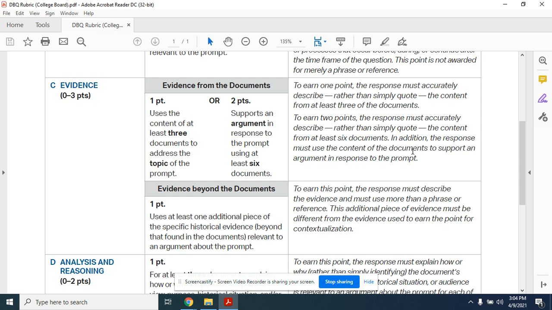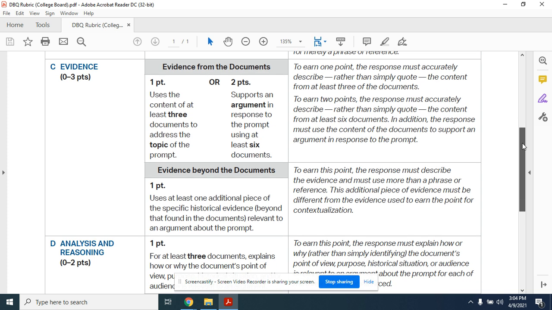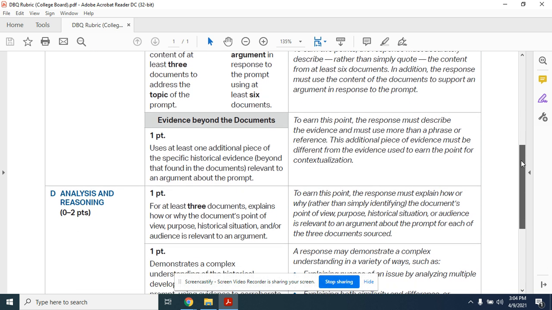All right, there's one more point as far as the documents are concerned, and it's found here in Part D. It says, for at least 3 of the documents, you must explain how or why the documents, and here's our CAP acronym. Of course, they have them a little bit out of order, but they start with point of view, purpose, so there's our 2 Ps.